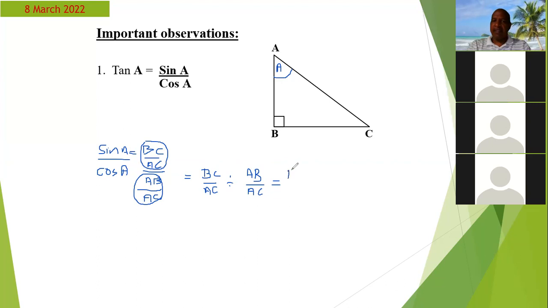So you write back BC over AC. Then you change the division sign to multiplication. Then you invert your divisor, flip it upside down, so you put AC over AB.